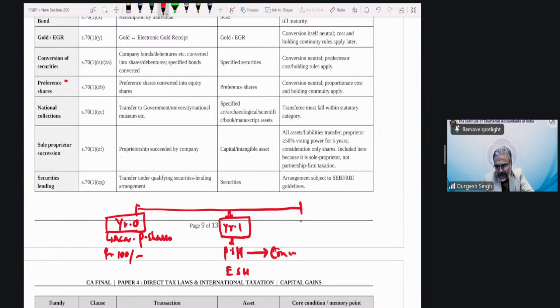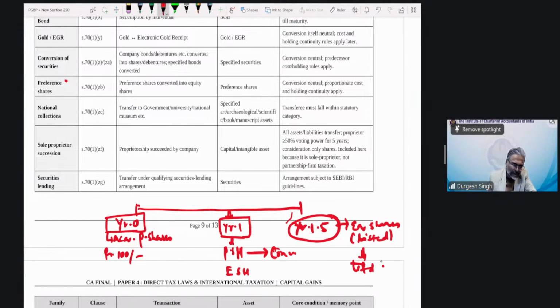And then say after 1.5 years, they were listed equity shares, by the way. Say year 1.5. So from 0 to year 1.5, equity shares which were listed have been transferred.